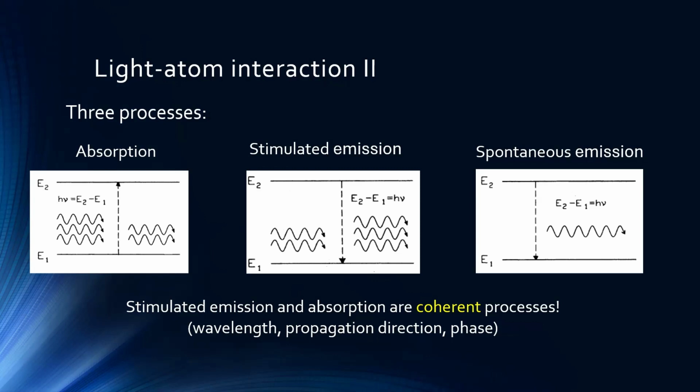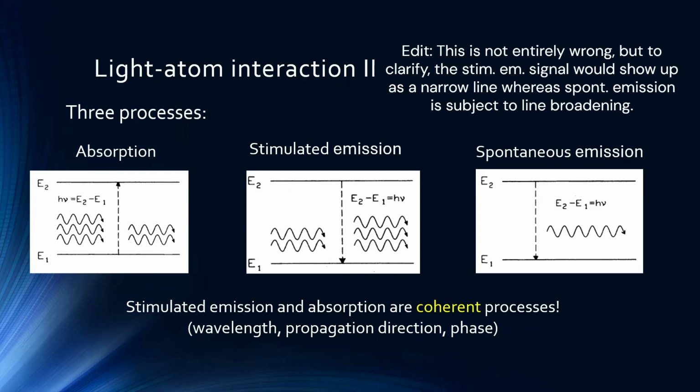I think you can probably see a difference between the emission that is a signal and the spontaneous emission that is more noise. If you look at the spectral density of the signal, I think the spontaneous emission would show up as a swirly noise line, whereas the stimulated emission would not.